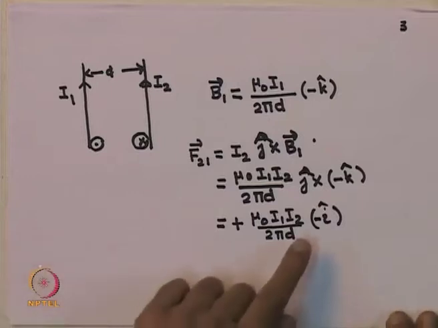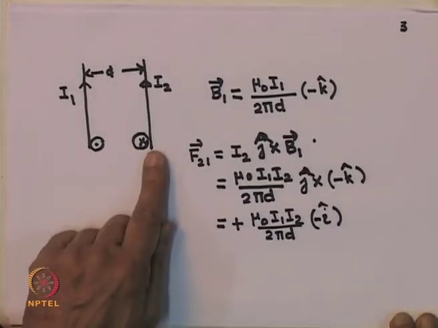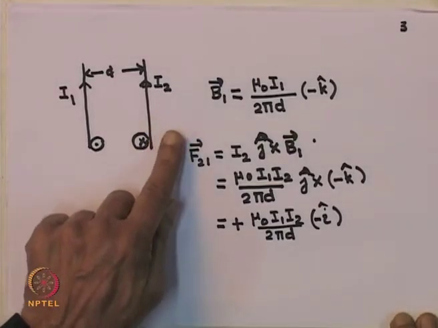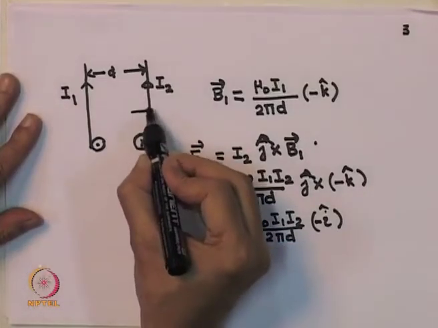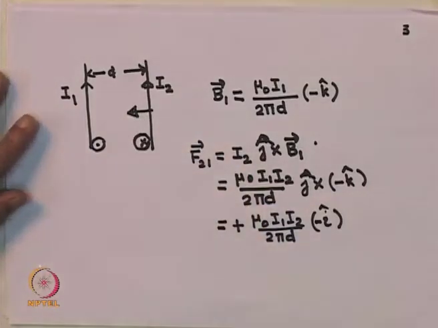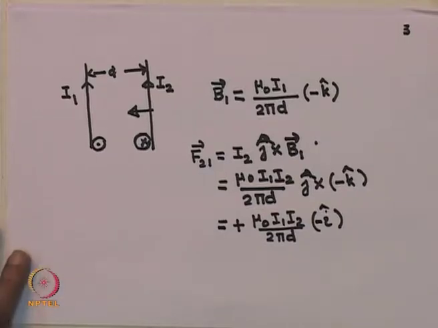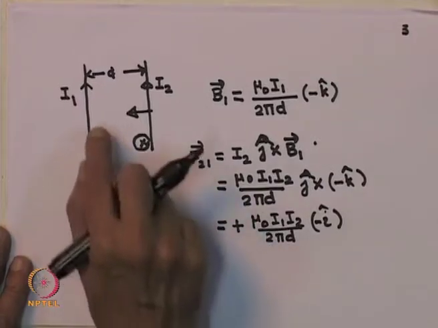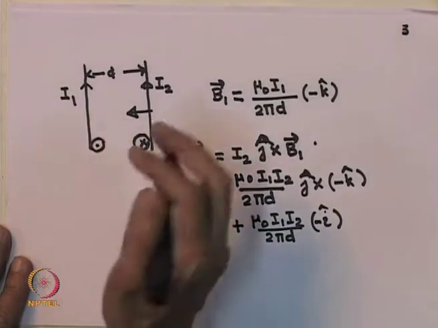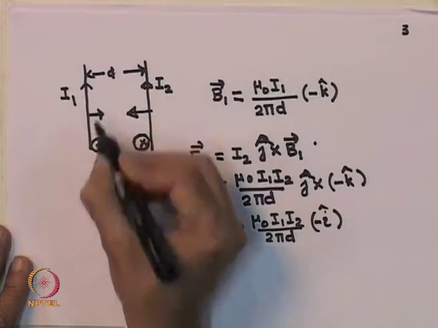So, you notice this, that this wire is experiencing a force in this direction. In other words, two wires carrying currents in the parallel direction attract each other. If you did the same calculation here, this will of course be like that.